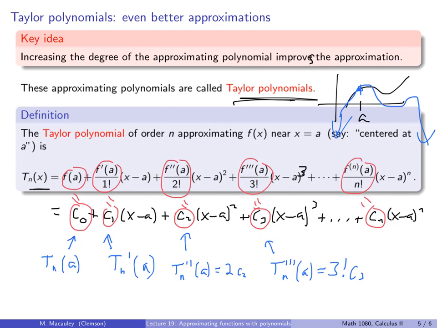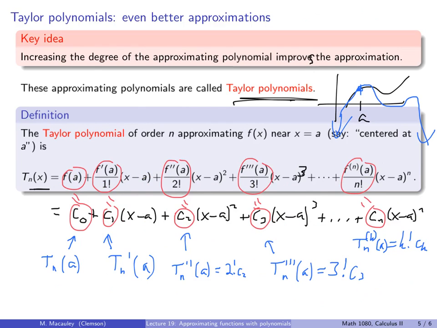Hopefully now you see the pattern: this really is 2 factorial there, and in general, the kth derivative of Tn, if I plug in a, is k factorial times ck. And notice that is where these factorials are coming from.